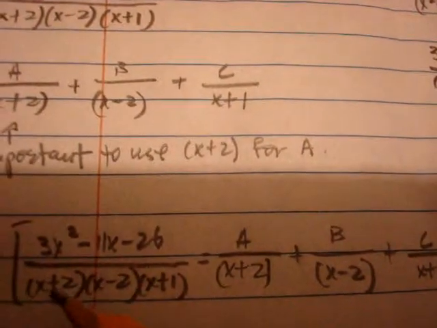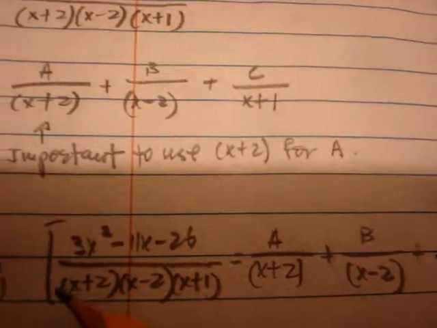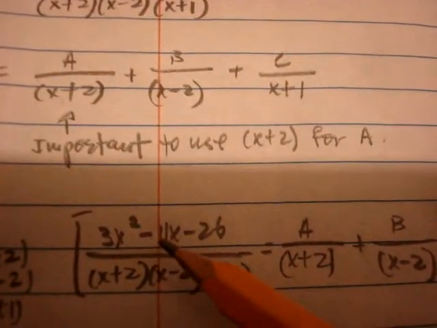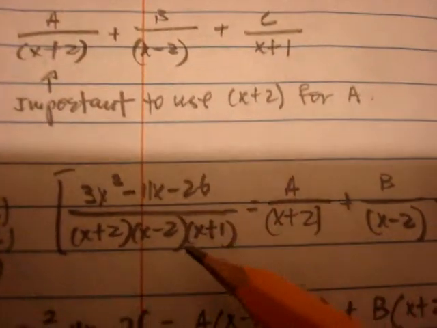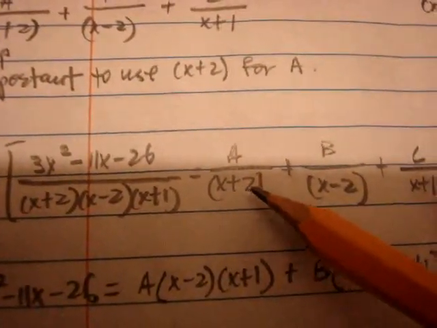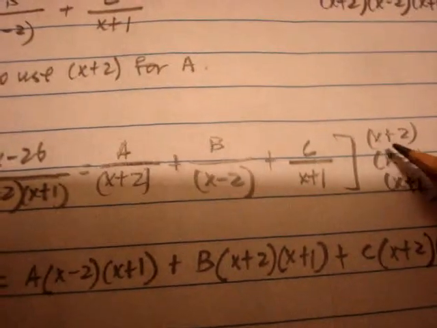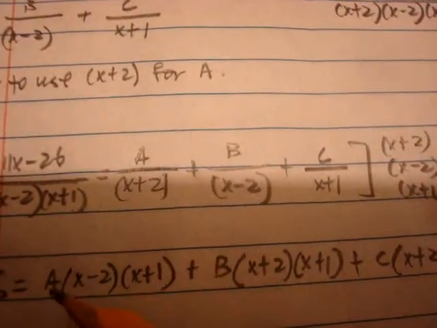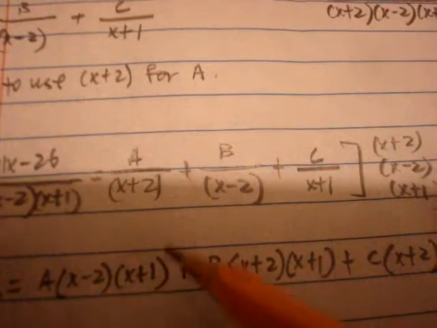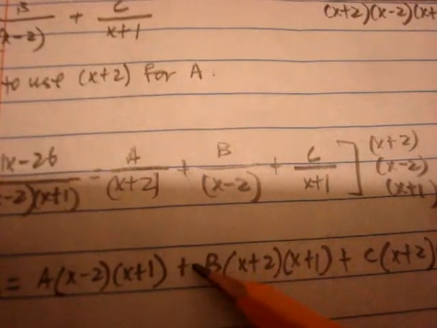For the left hand side, the common denominator will be cancelled out, so you're left with 3x squared minus 11x minus 26. As for the A, the x plus 2 will cancel out with the x plus 2, so you're left with A times x minus 2 times x plus 1. And copy down the plus.